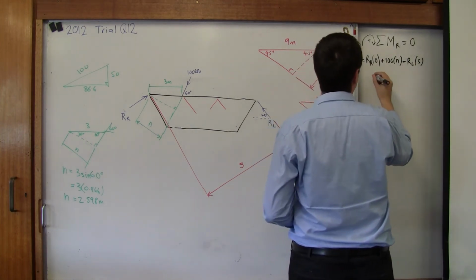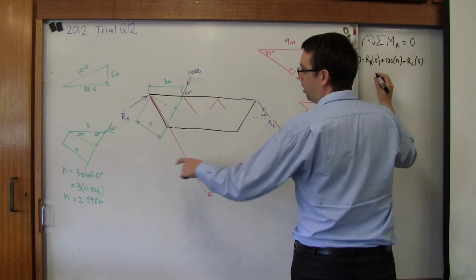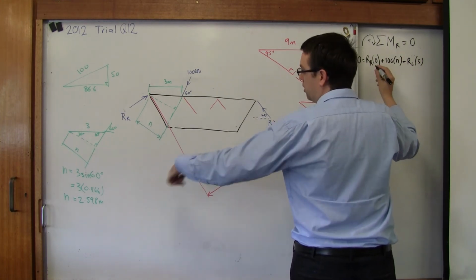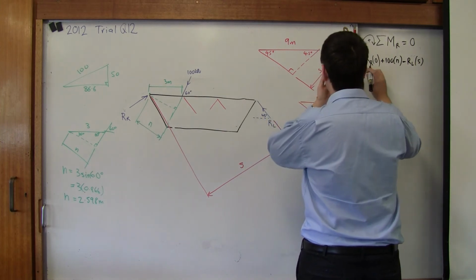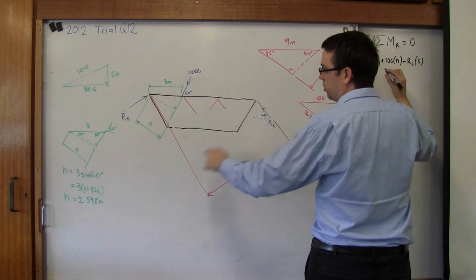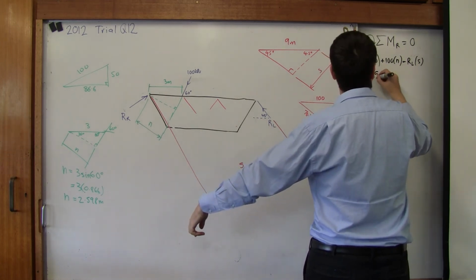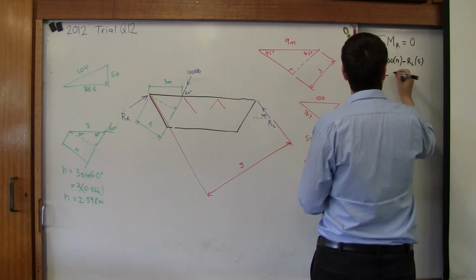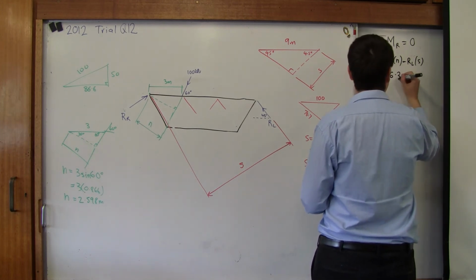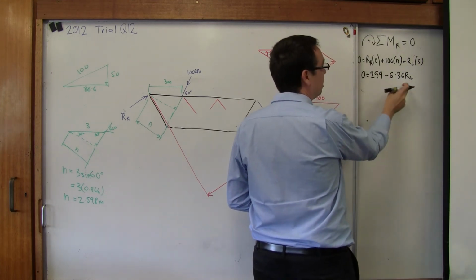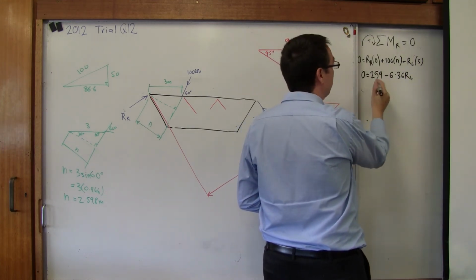Let's rewrite that. We know that 100 times n is 259, so 0 equals 259 minus 6.36 RL. If we move this over to the other side, it changes sign. We're going to add that to both sides.